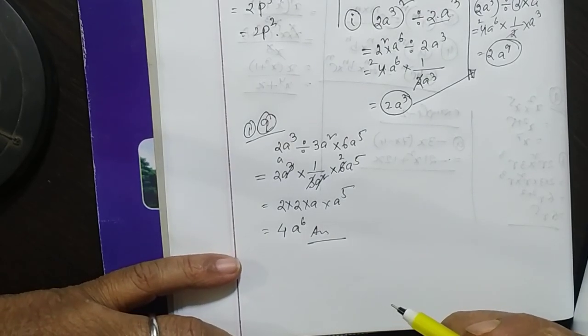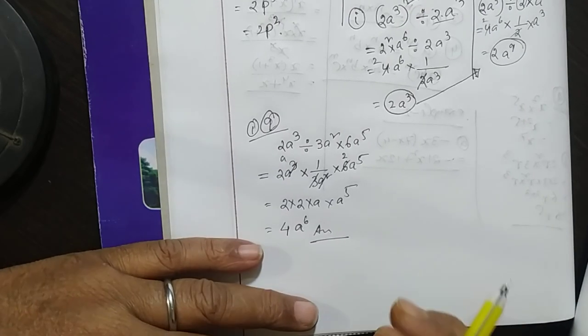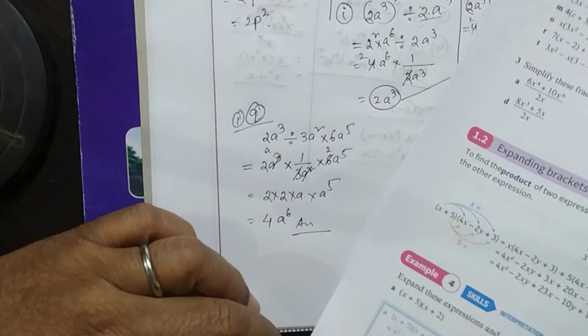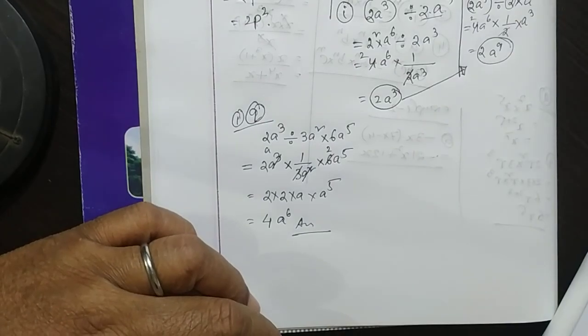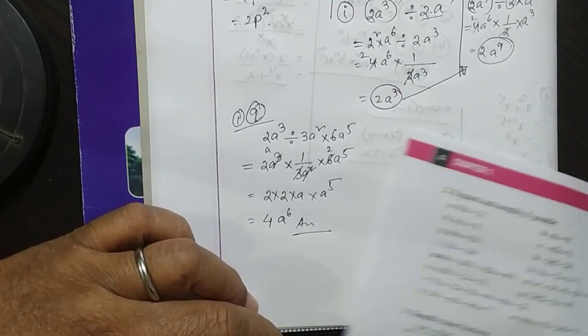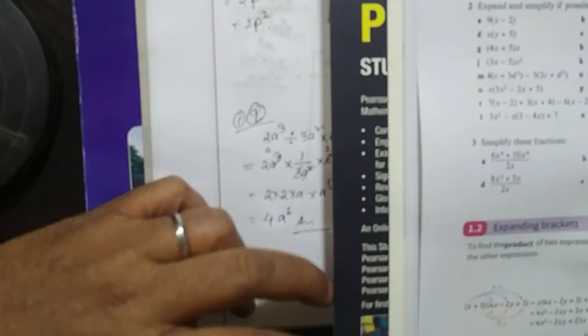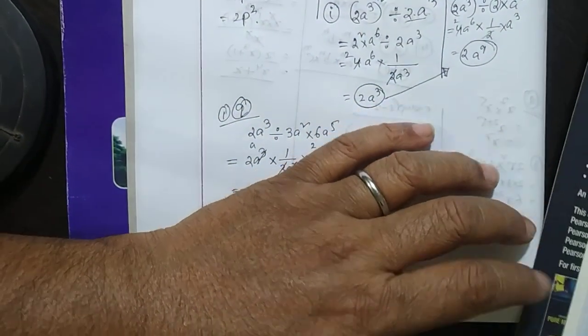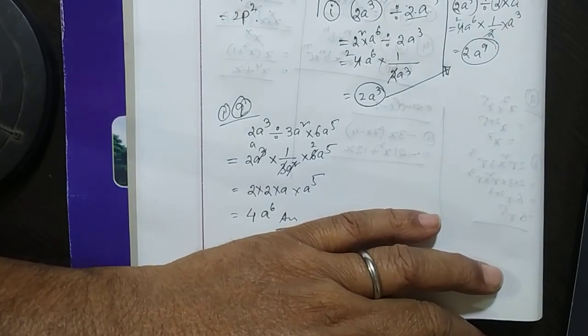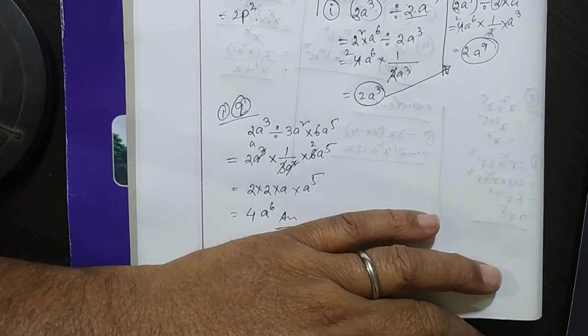So I think you are clear in this type of math, and in question number 1 you will have no problem. Now go to question number 2. In question number 2, we have expand and simplify if possible.